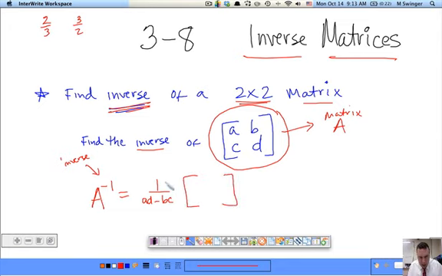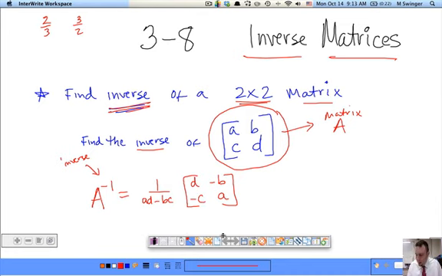So that's a scalar, 1 over some number, times what you do here is you switch A and D. So whatever these two numbers are, you switch them. So this becomes D up here, and this becomes A down here. And these two, you don't switch them, but you make them opposites. So we make this one opposite of B, whatever that is, and then we make this one the opposite of C, whatever that is. Okay?